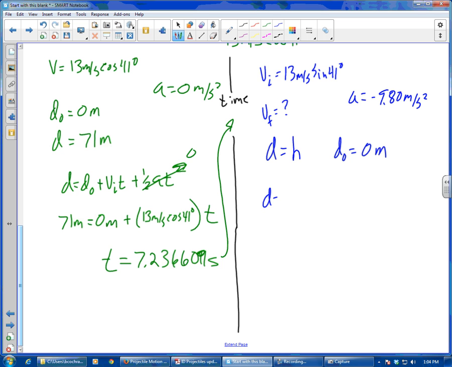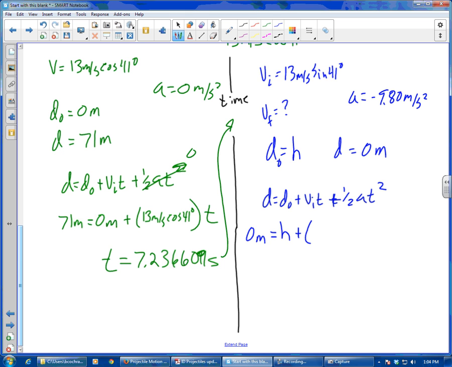I'm again going to use D equals D naught plus V initial T plus 1/2 AT squared. Sorry, this is D naught, and this is D. Sorry about that. H. You could call it anything because it's the point you start at, and we don't know that height yet. That's what we're looking for. I picked H because it's the height of the building. So I'm going to end up at 0 meters, starting at H.